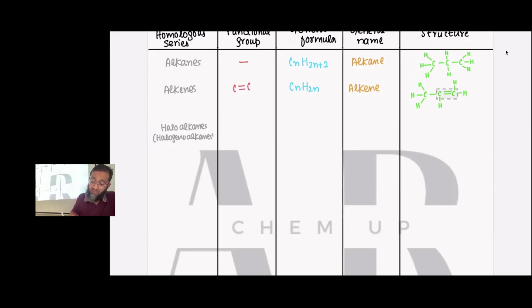Okay. So what is the functional group over here? That in the structure, there is a halogen. Why I'm talking about functional group. So X is bonded with the carbon chain. So that X can be fluorine, chlorine, bromine, iodine.